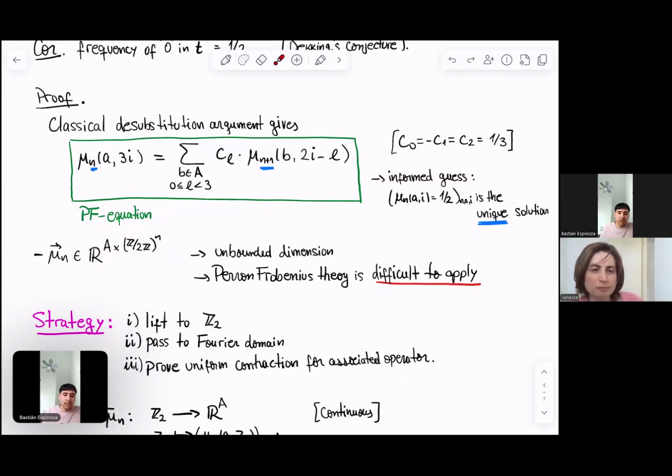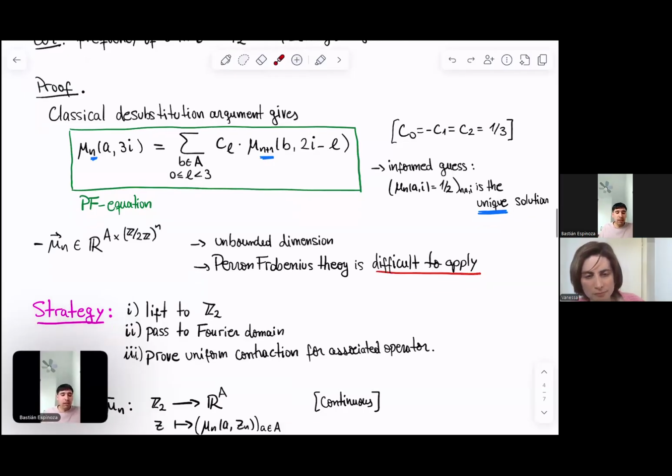So this is, in some sense, an unbounded dimension problem. And even if in this setting the general theory of Perron-Frobenius gives criteria and even characterizations stating when we have this one-dimensional limiting direction, these criteria are very difficult to apply. And this is the difficulty. How do we check those criteria?